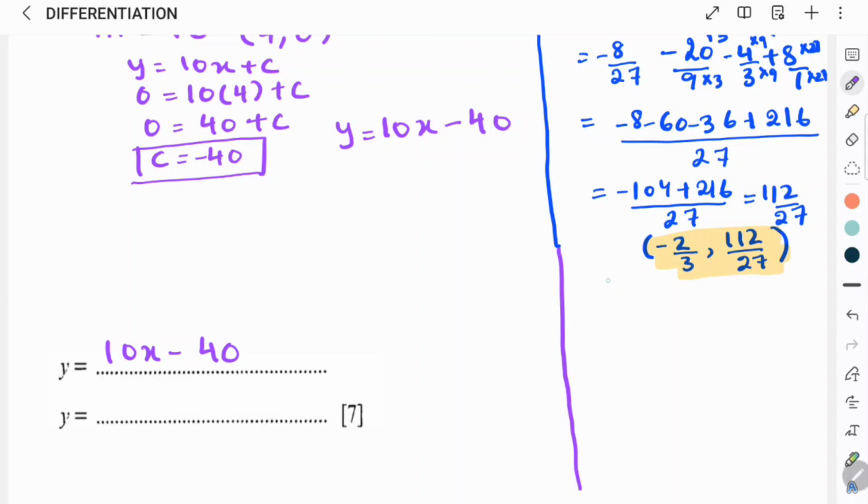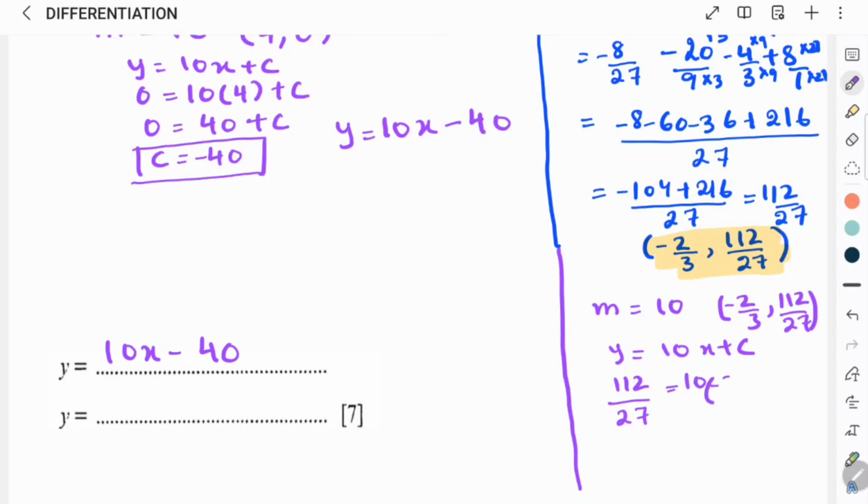Now listen, y equals mx plus c. The gradient is 10 and the coordinates are minus 2 over 3 and 112 over 27. Okay, y equals mx plus c. 112 over 27 is the value of y, 10 times minus 2 over 3 plus c.